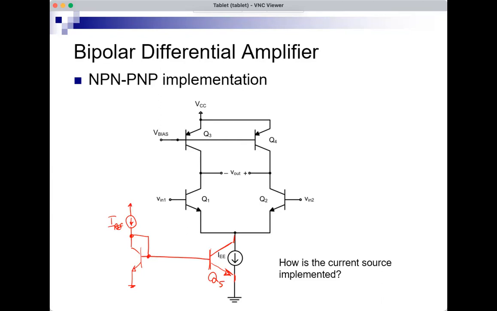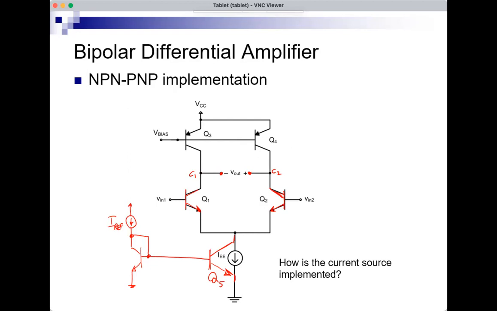Okay, so that's how we can implement the IEE using a BJT. In the circuit, I have the differential pair, Q1, Q2, no surprises here, just a regular differential pair with bipolar. The output is taken differentially between the two collectors, with plus at collector 2, minus at collector 1. What about RC and RC? We don't see RC and RC here. We see PNP, Q3 and Q4.